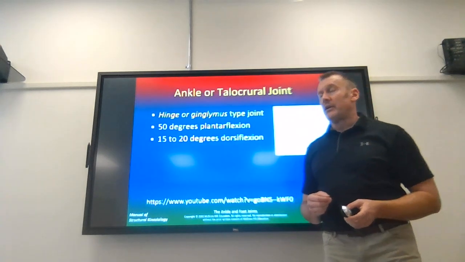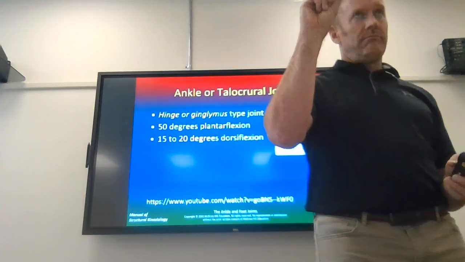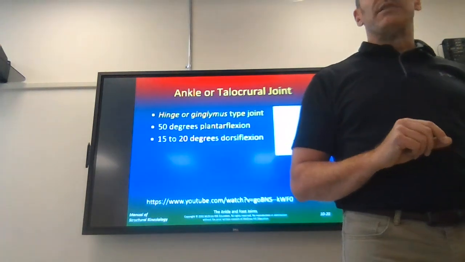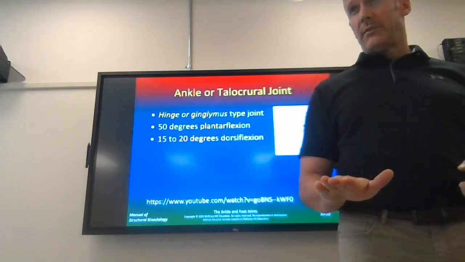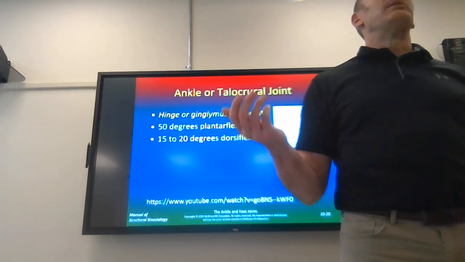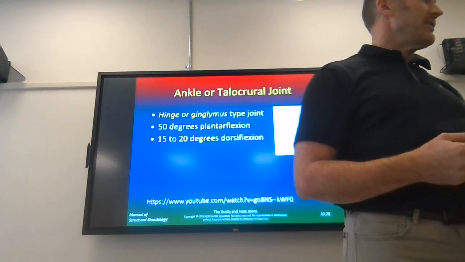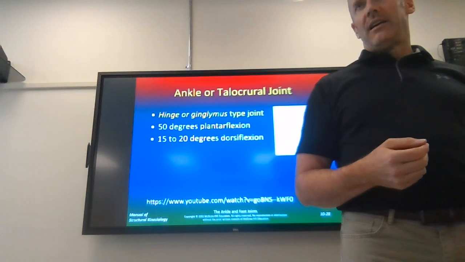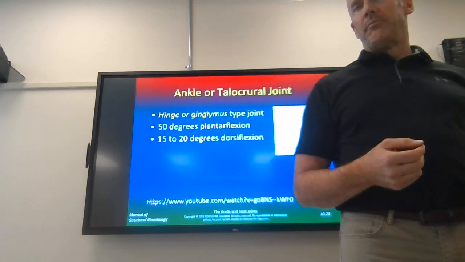Some people, if you put little 5-pound or 10-pound plates underneath their heels, they're able to reach a better depth in squat. That's because you're giving them an artificial amount of dorsiflexion, so you're kind of assisting with that dorsiflexion.